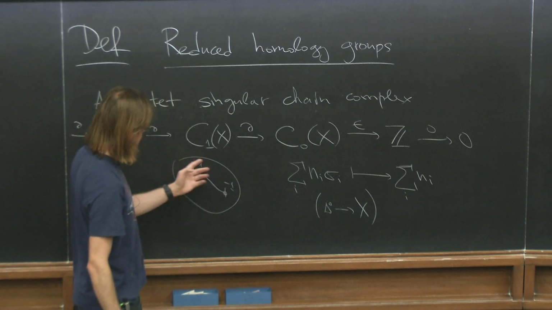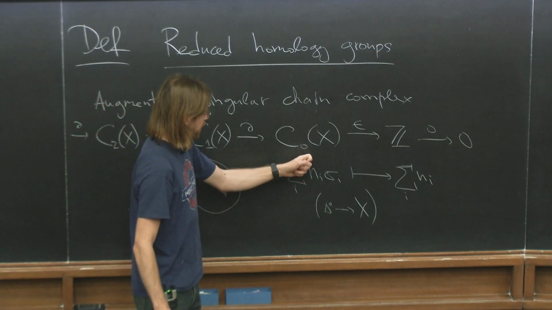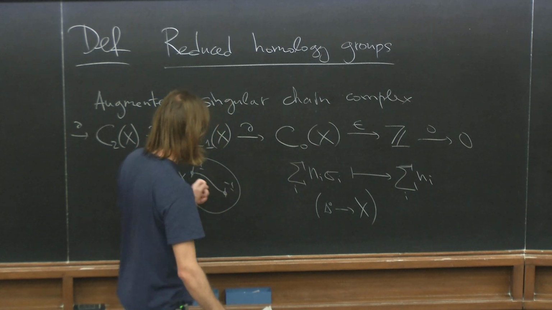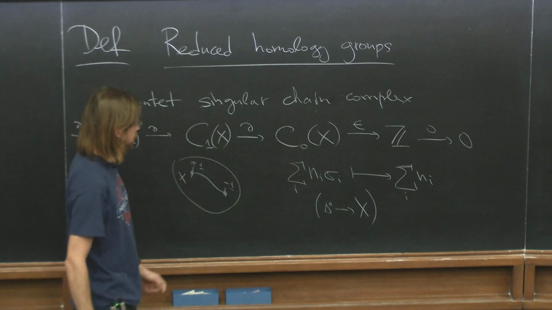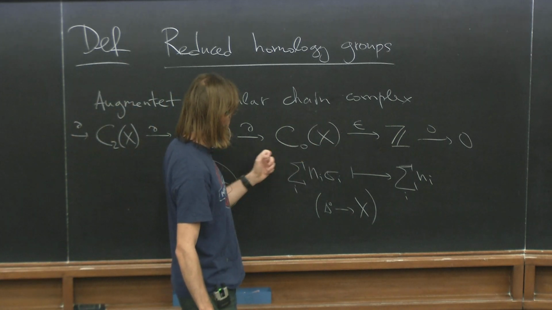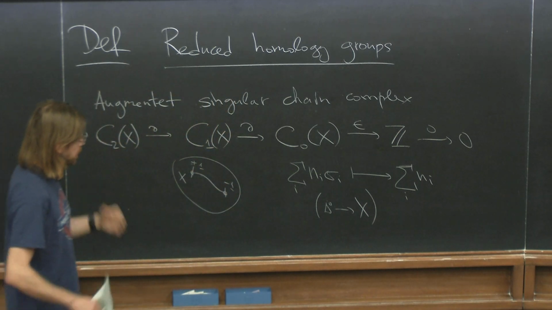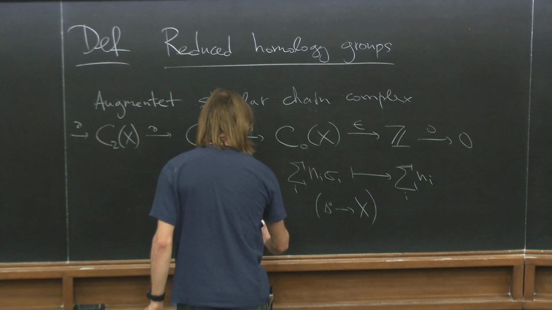So for any such linear combination of the singular chains which can appear here, the sum of coefficients will always be 0. Indeed, the kernel of this map contains the image of this d. So this is still satisfied.